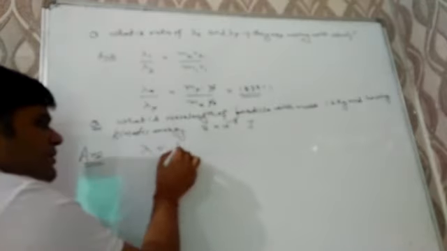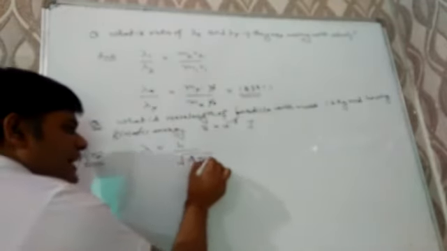So here we can apply the relation lambda is equal to h upon root of 2mE, where E is the kinetic energy, h is Planck's constant, m is the mass.